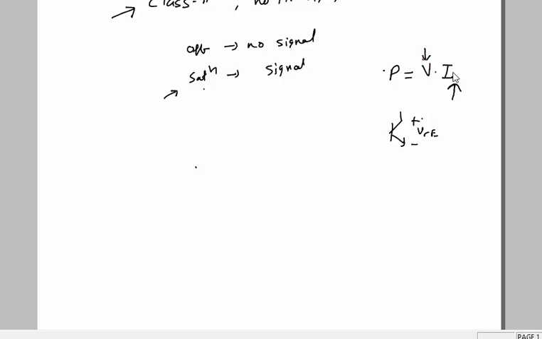It means in both conditions power dissipation is small: in the off condition because I is very small, in the on condition because the saturation voltage is very low. Therefore the efficiency of class C amplifier is higher than that of class A amplifier. Okay, so this is the primary use of class C amplifier, but there is one drawback.